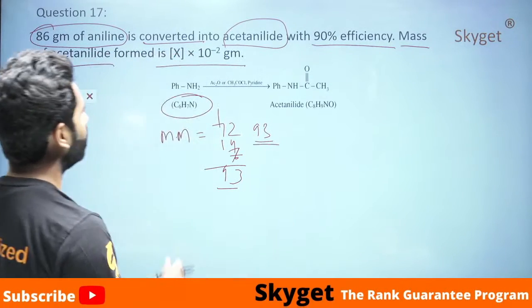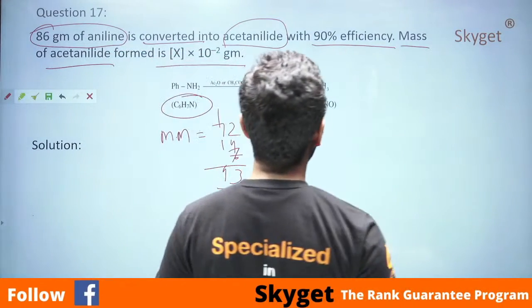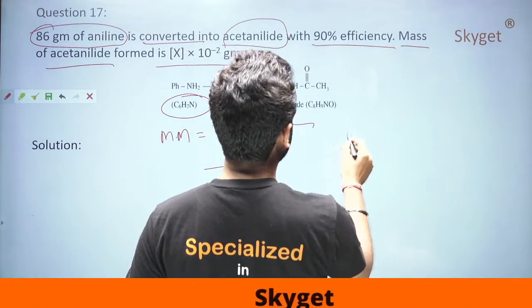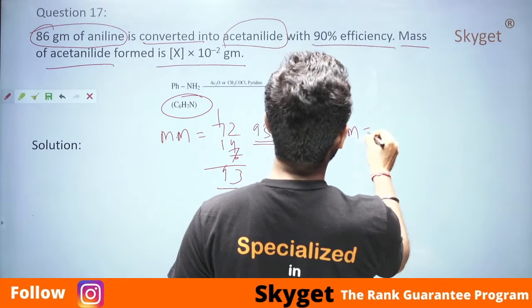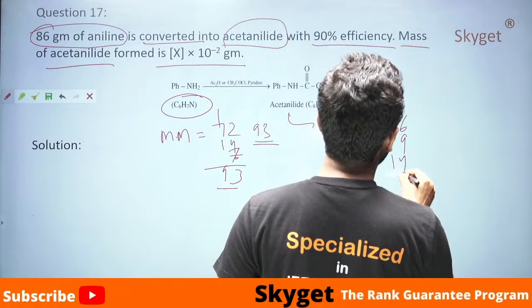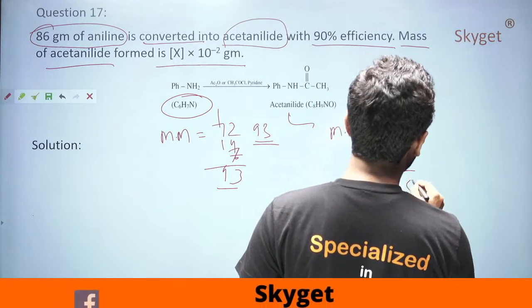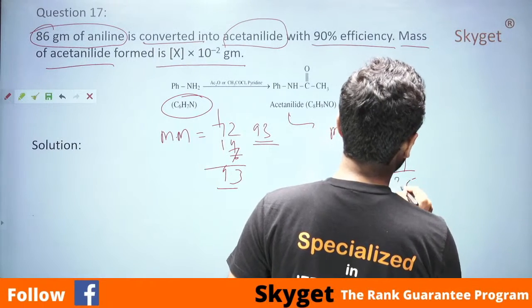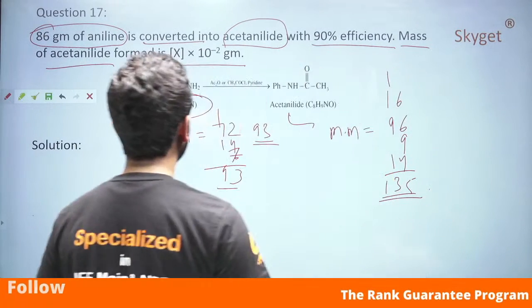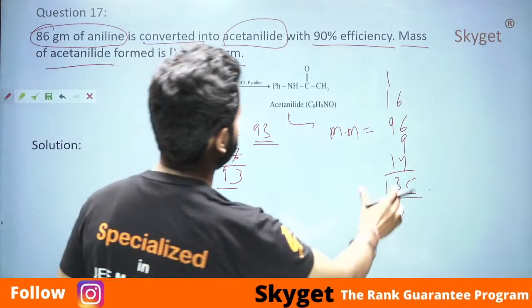So 93 is the molecular mass of aniline. What is the molecular mass of acetanilide? Quickly. Molecular mass is equal to 96 plus 9 plus 14 plus 16. How much is it? 135. Okay, we got the molecular mass of aniline, we got the molecular mass of acetanilide.